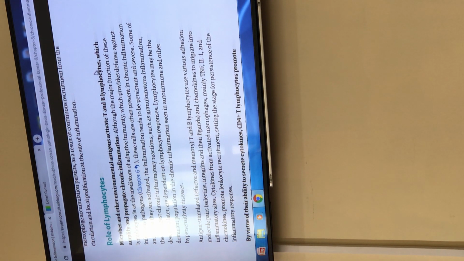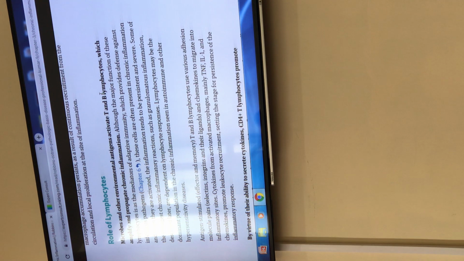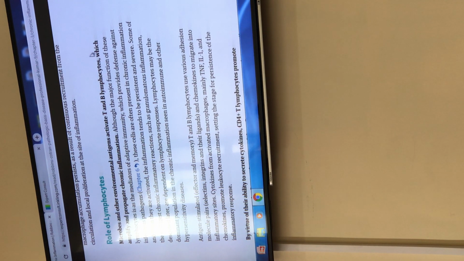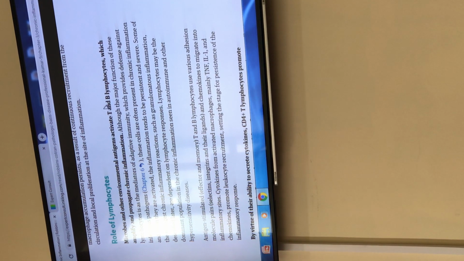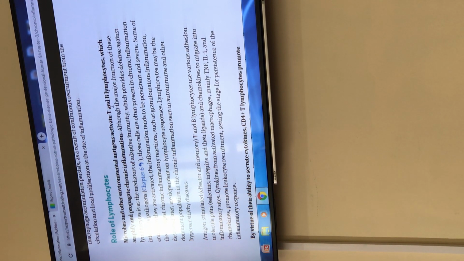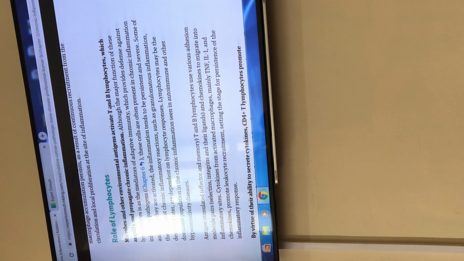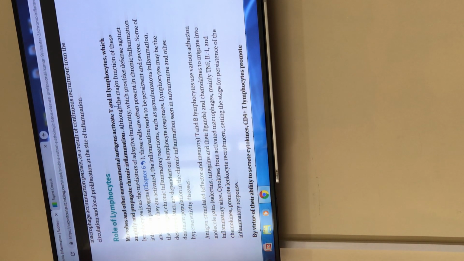Plasma cells make antibodies. And the T lymphocytes, so there are two types of immune responses due to T and B lymphocytes. B lymphocytes by producing antibodies, but T lymphocytes, they make the cell-mediated type of immune response with different types of T cells.